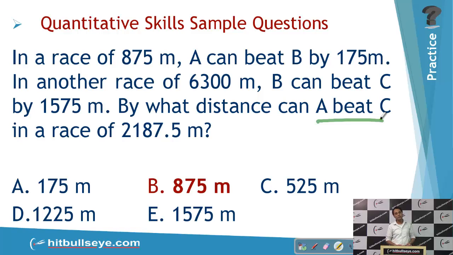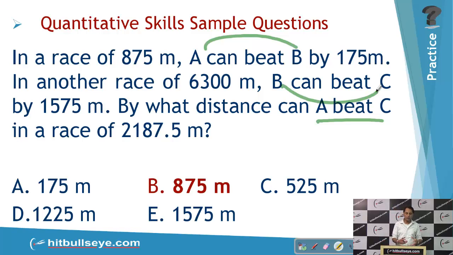Now this question has been taken from the concept of races, which goes back to a larger concept there, time, speed and distance. If you look at the analogy here, we have three people who are in a competition, a race. A has been compared with B and B has been compared with C in two separate events.